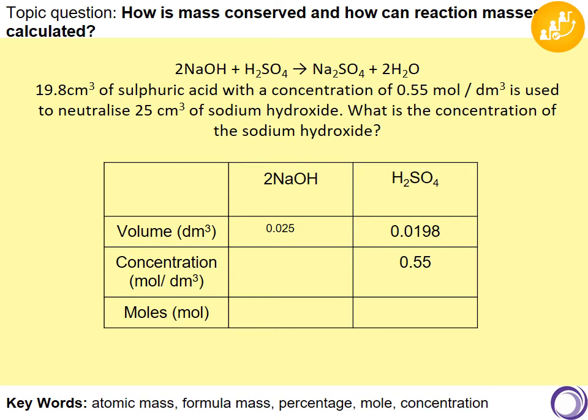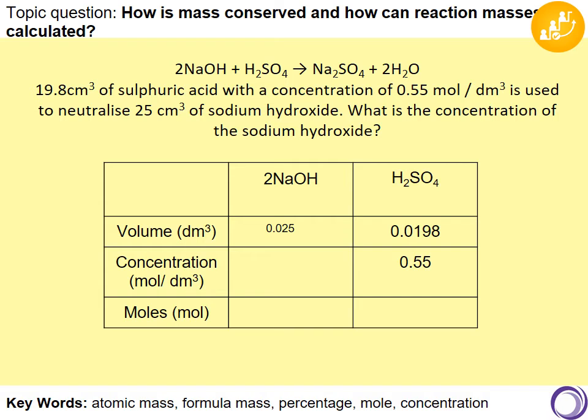Now this is best tackled using a table as shown on the screen. This will enable us to first of all establish all the different numbers that were given in the question, but then also for us to easily see what we need to calculate.